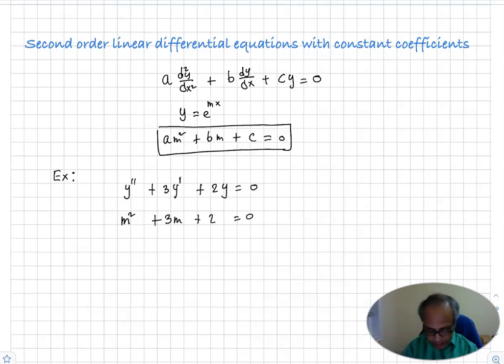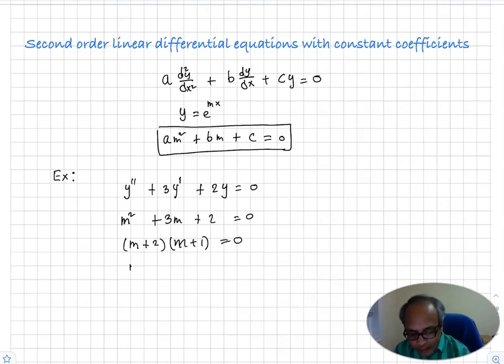equals 0. And you can see that this quadratic equation is straightforward to factorize, and you don't need the quadratic formula. We can write m plus 2, m plus 1 equals 0. I can factor it out, then set each factor equal to 0.